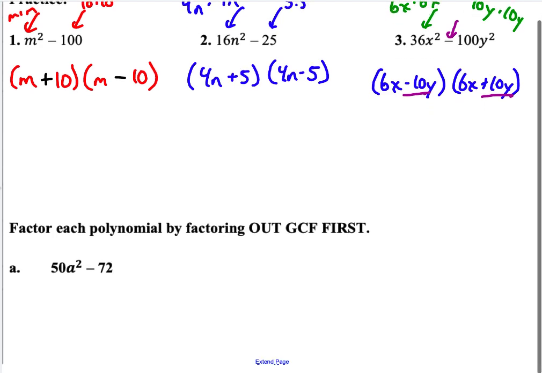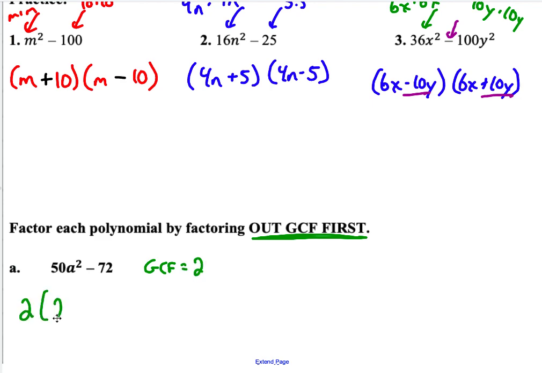All right. Similar to some of our other problems, sometimes we might not see numbers that are perfect squares, but we always look to see, can I factor something out of the problem first? Well, 50a squared minus 72. Those are not perfect squares, but I can factor out a greatest common factor of 2. So I can factor out a 2, and I get 25a squared minus 36.